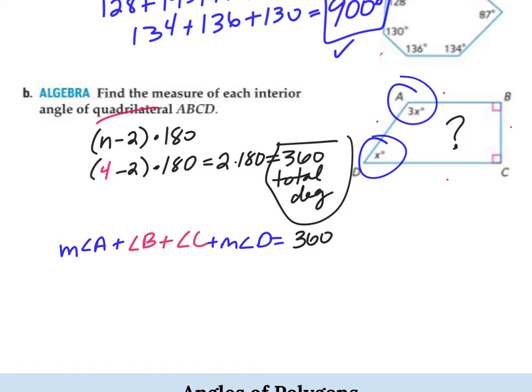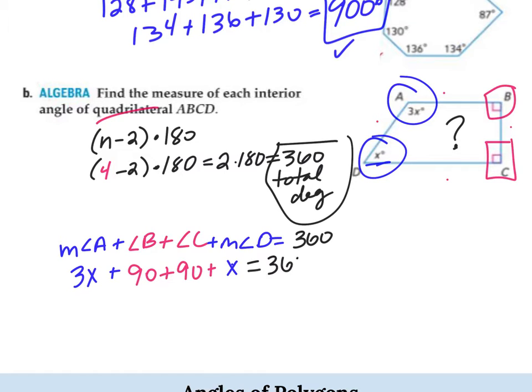Now we're just going to substitute in the values for each individual measure. So A is 3x, B and C are both 90-degree right angles, and then D is a value of x. So all 4 of these will add together to give us 360 total degrees.